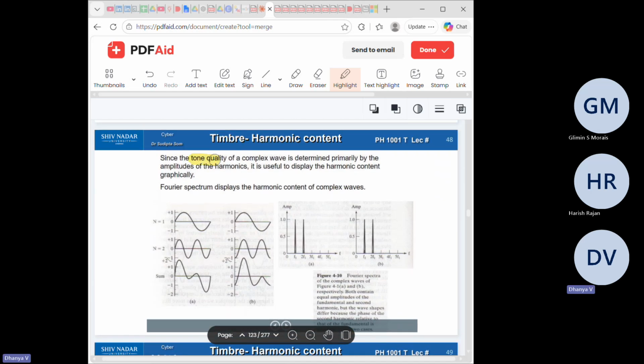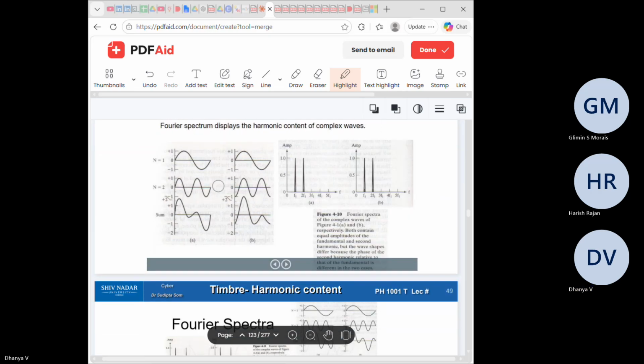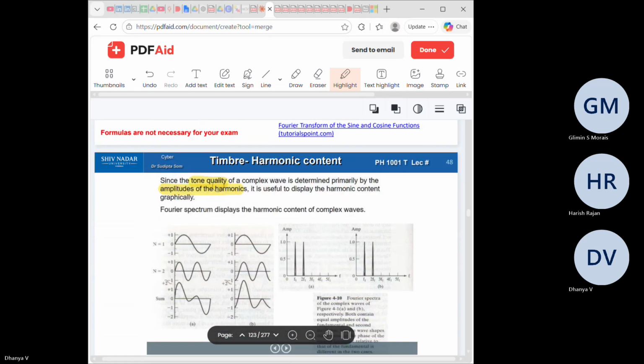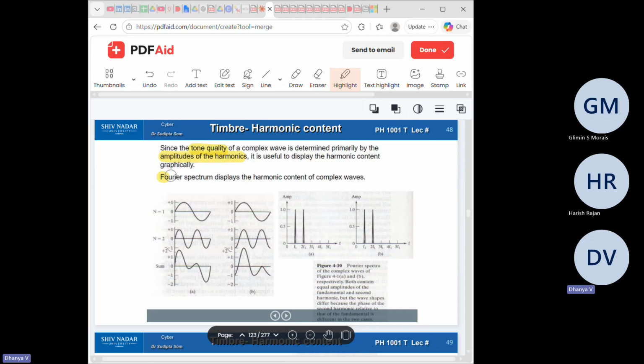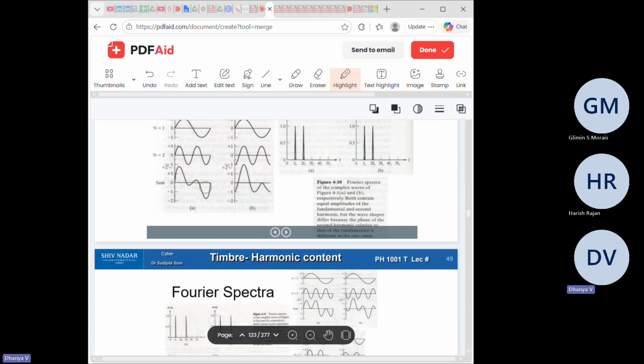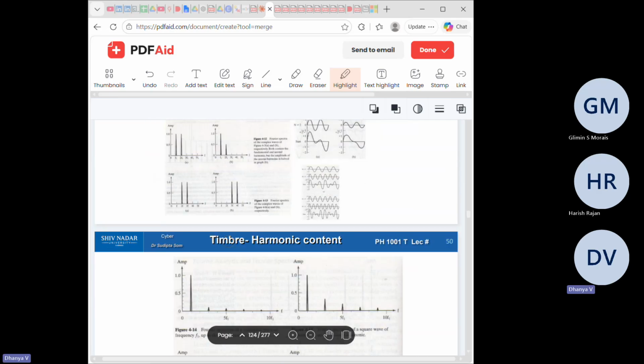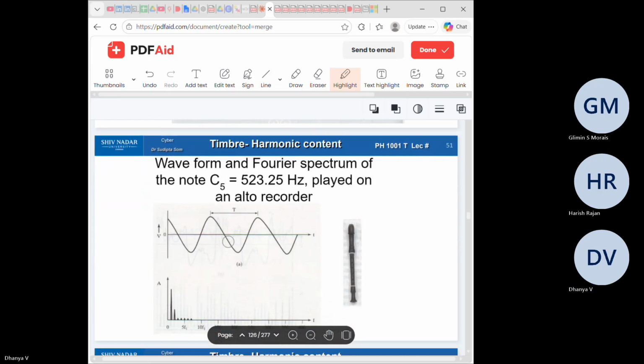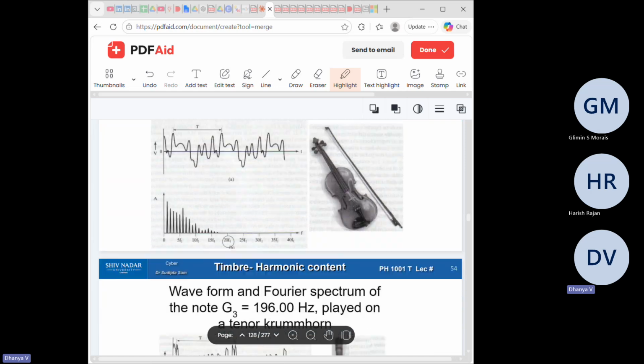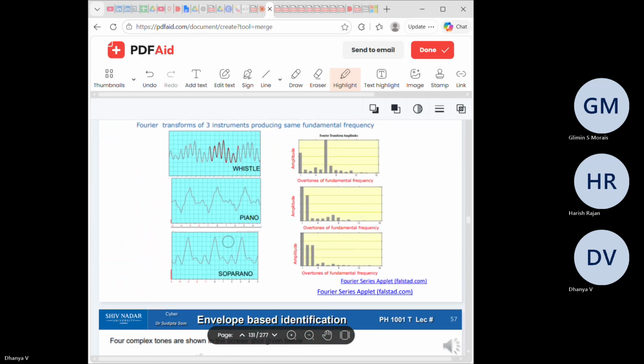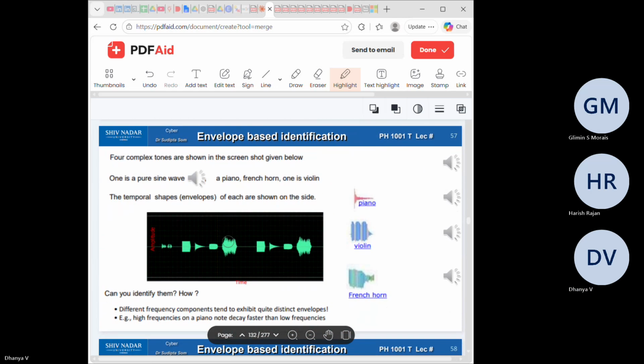The tone quality is based on the amplitudes of the harmonics, and an easier way to look at the amplitudes of harmonics is through your Fourier spectrum, or Fourier transform. All of this you can just see, but it's not necessary.